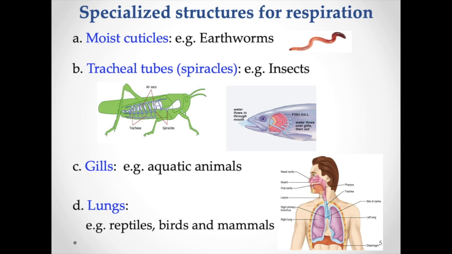Terrestrial organisms use oxygen in the atmosphere for respiration. This oxygen is absorbed by different organs in different animals. All these organs have specialized structures that increase the surface area in contact with the oxygen-rich atmosphere.